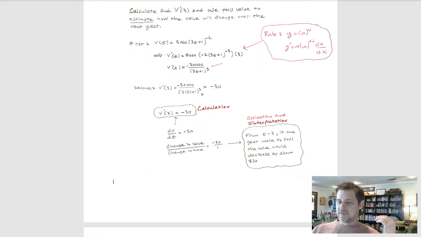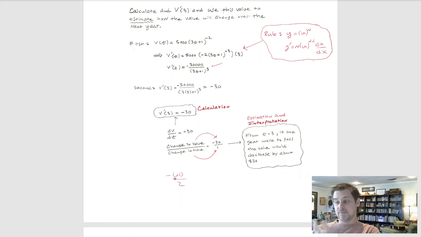So if the change in time were 1, then the change in value would be -30. Now the 1 is a little bit arbitrary, but as long as we get -30 as a result, we could do it, all right? So we could say -60 over 2, same thing, really. It says if the change in time was 2, then the change in value would be -60.